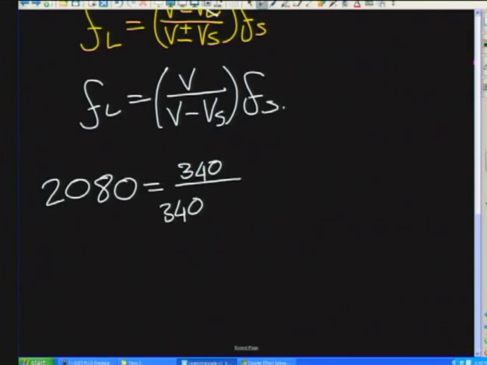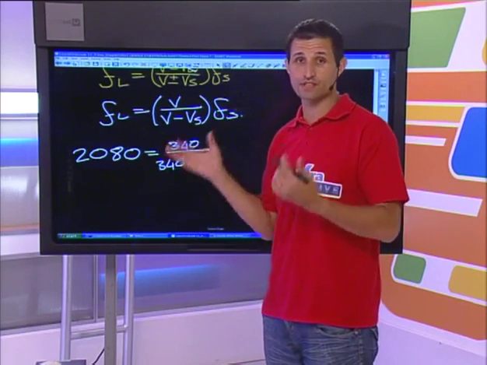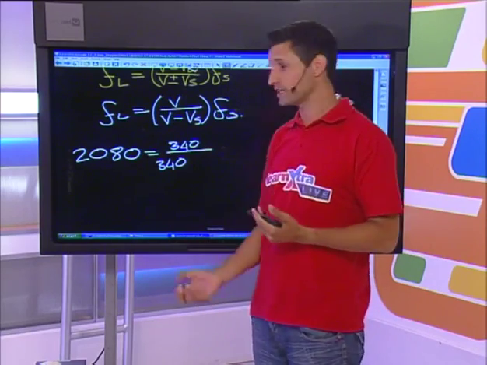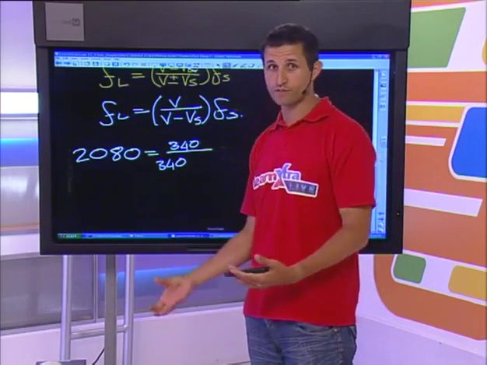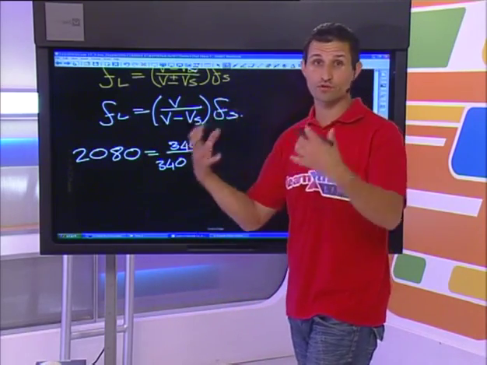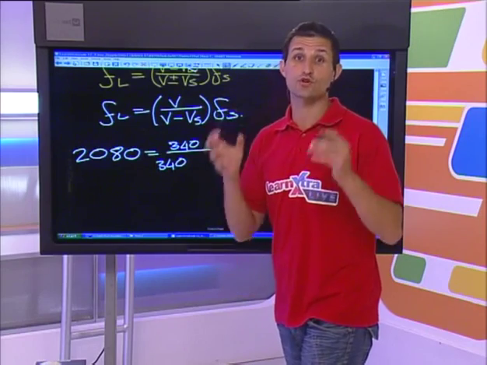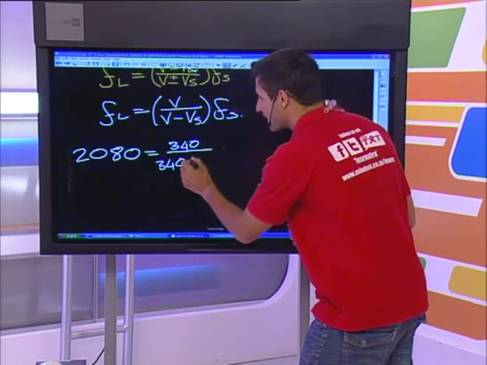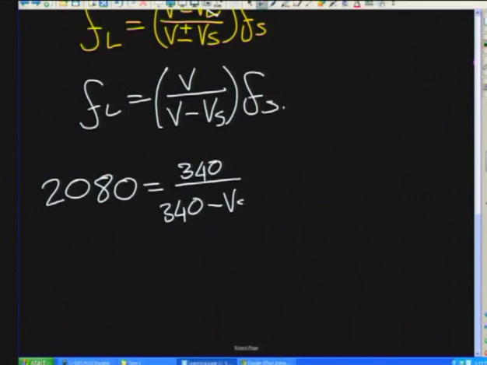They might indicate that you might not be using sound in air, and in fact, you might be using sound in a different medium. So pay attention to which wave and how fast it's moving. Here we were told that sound is moving at 340 meters per second through air. So that's why my velocity is there. Now I don't have the velocity of my source, but that's not a problem because I've got everything else.